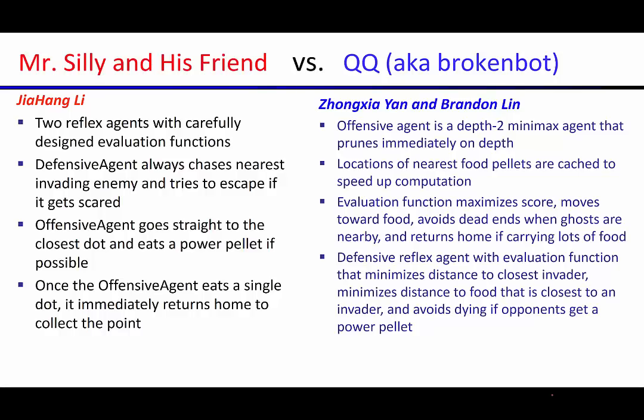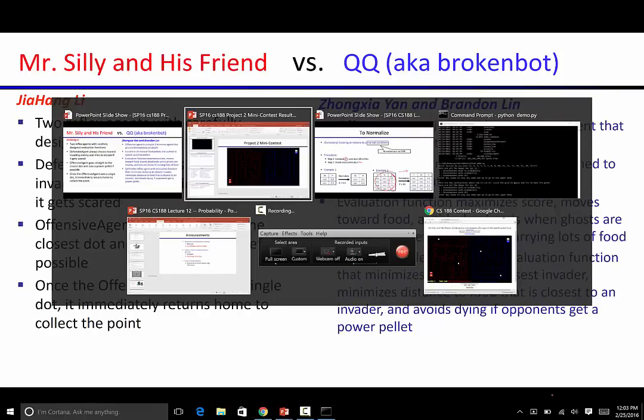So in red, we have Mr. Celia and His Friend. In blue, we have QQ.